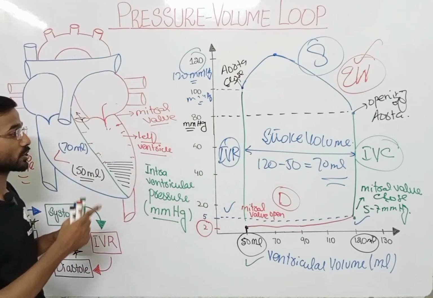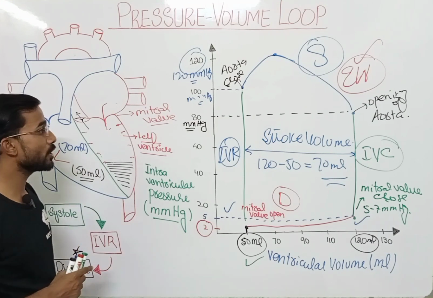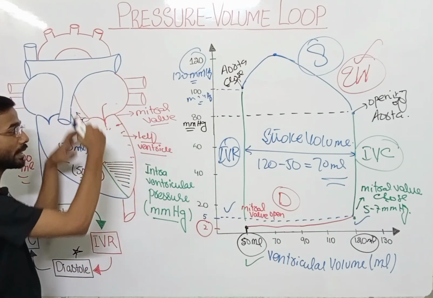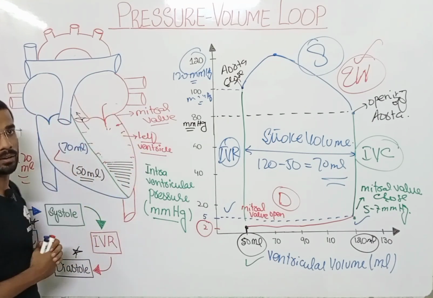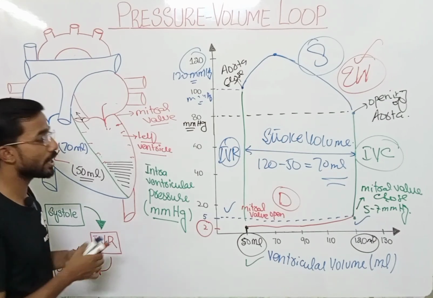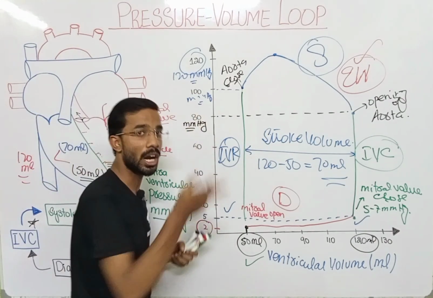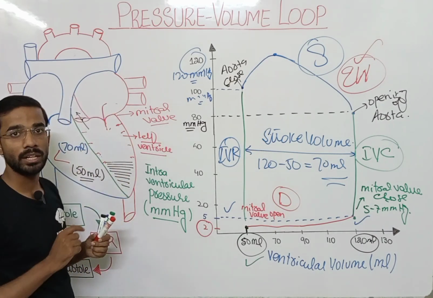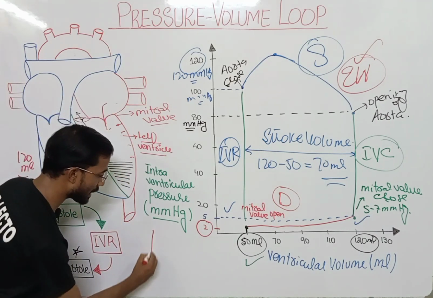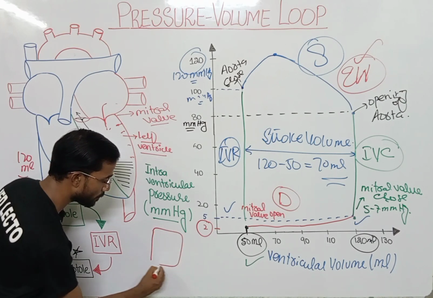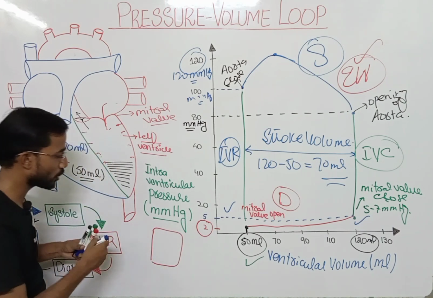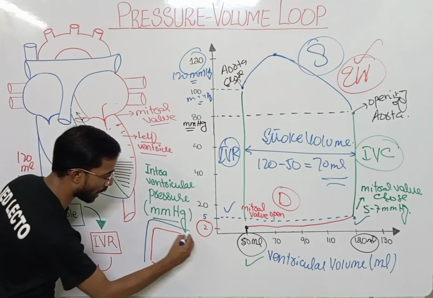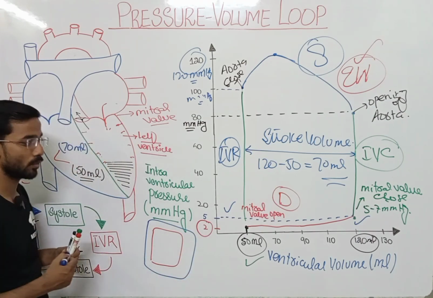And the last is the most important. When a large amount of blood enters and a large amount of blood is released from the left ventricle, the size of the loop will increase. So if I say that here is the size of the loop, after that you will see the size of the loop starts increasing. Why?